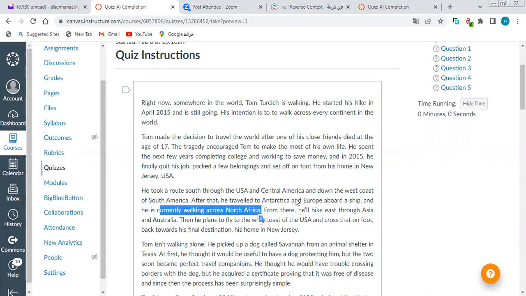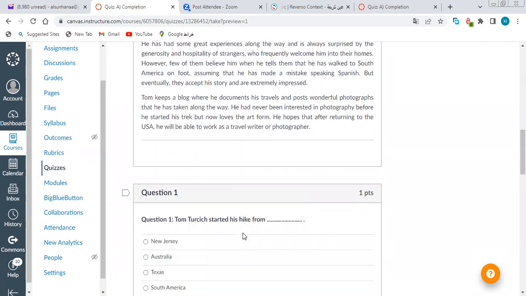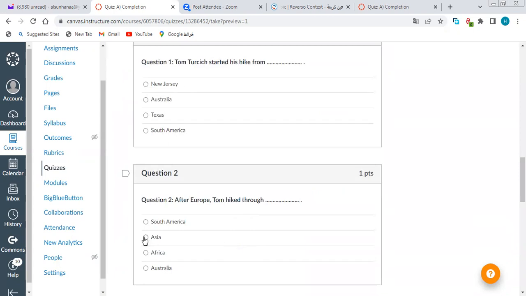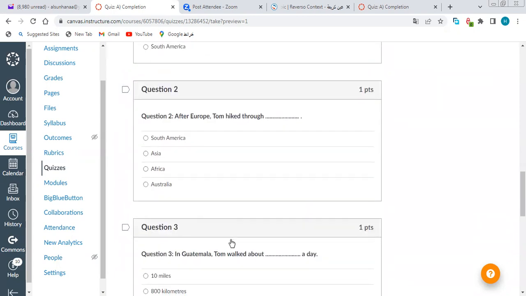So this means that after Europe he hiked to North Africa. In the answers, you only have Africa, so I choose Africa. That's why Africa is the right answer.